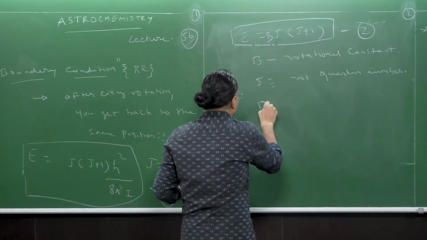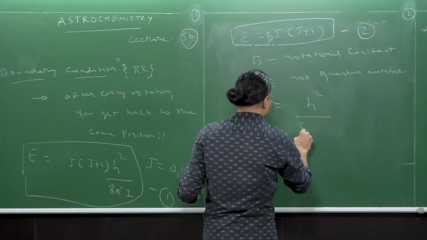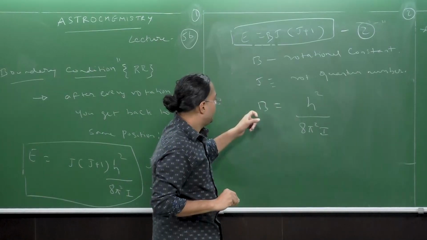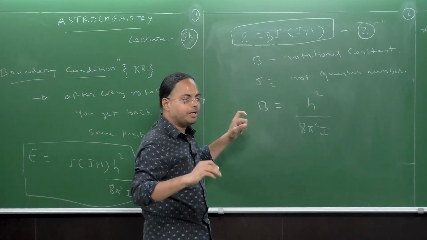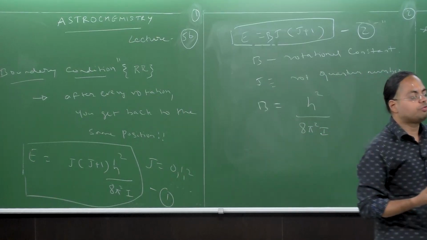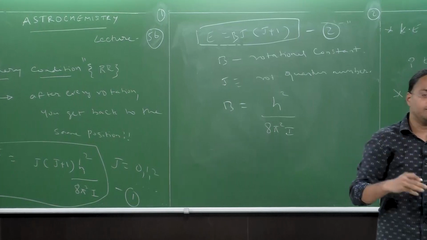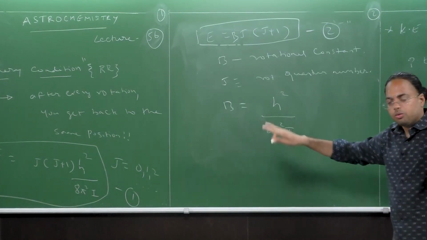My B is nothing but h square by 8 pi square I. Even though B has energy units, it is often expressed in terms of frequency units, in terms of wave number, that is the inverse of wavelength, and in rare cases even as wavelengths also. Let us look at all of them now.